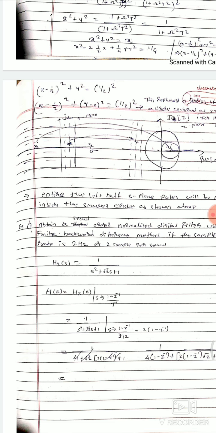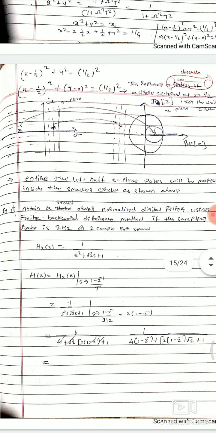Rearrange and you get the digital filter equation. Here, warping and pre-warping are not required, so you can do it directly. Whereas in bilinear transformation, it is required to be done with the warping and pre-warping method.